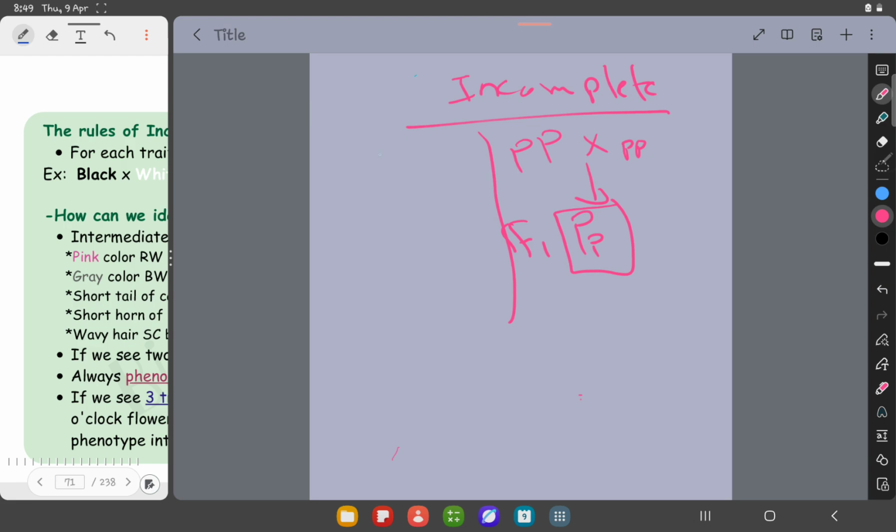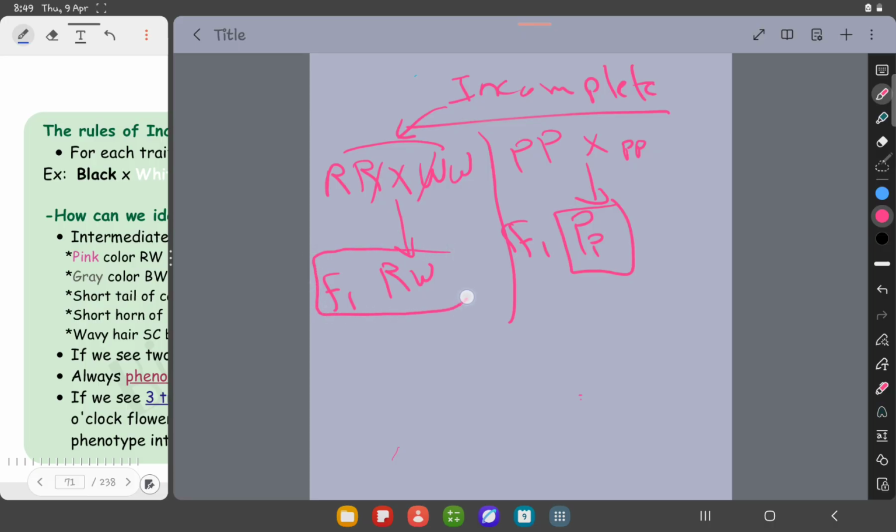And if we do the same here in incomplete dominance, we cross homo with homo, like for example, red flower, R capital R capital, with the white flower, WW. And what we get in the F1 generation, we can say all of the offspring will be RW.